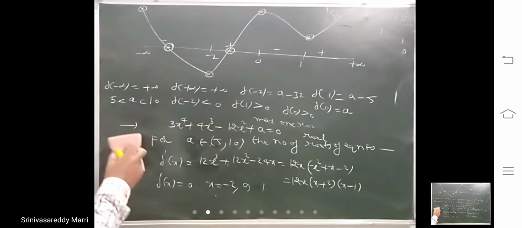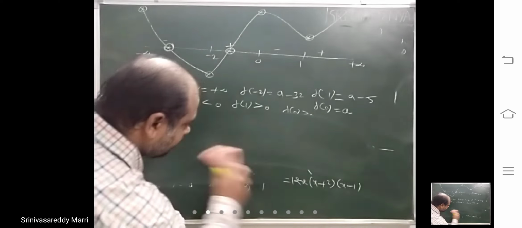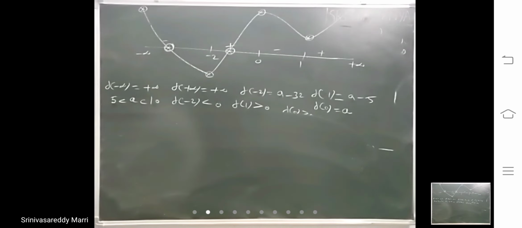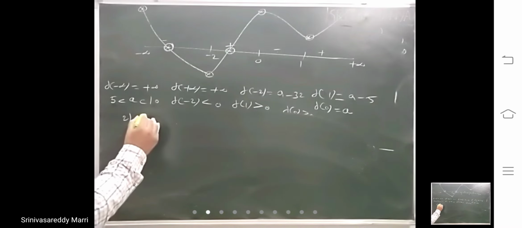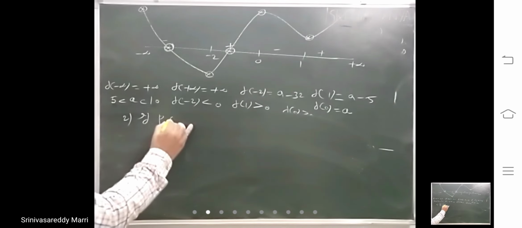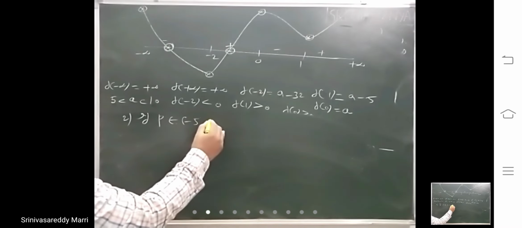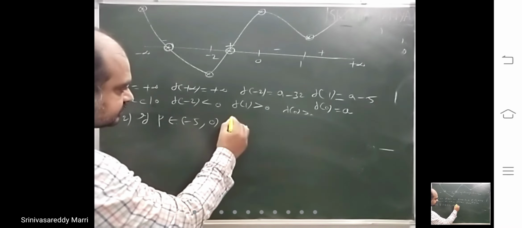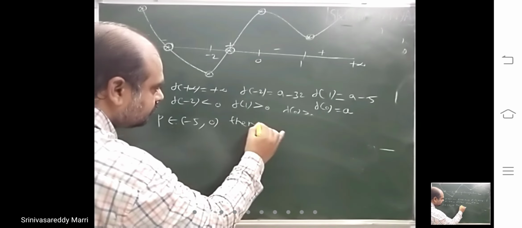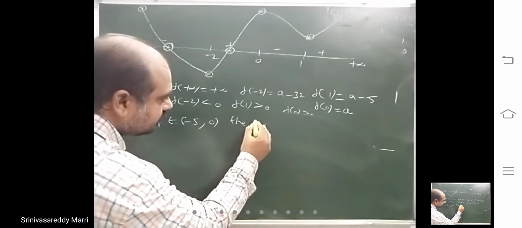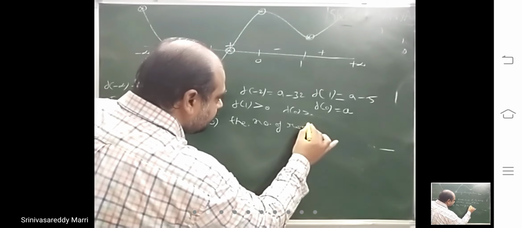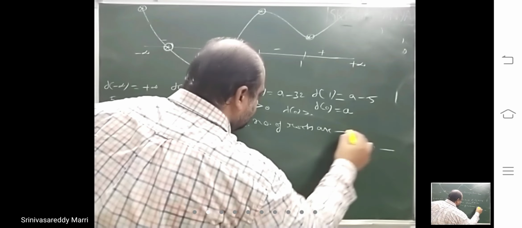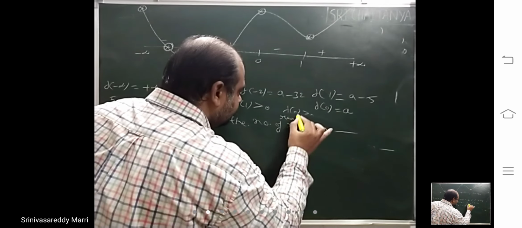Last model. Suppose he is asking, if last term a belongs to (minus 5, 0), the number of real roots.